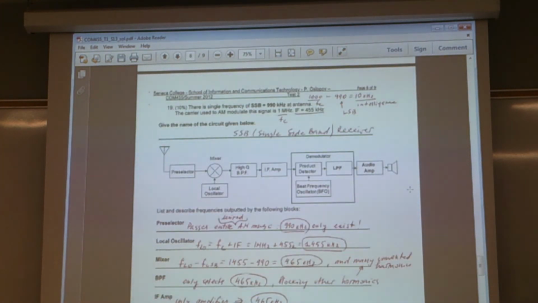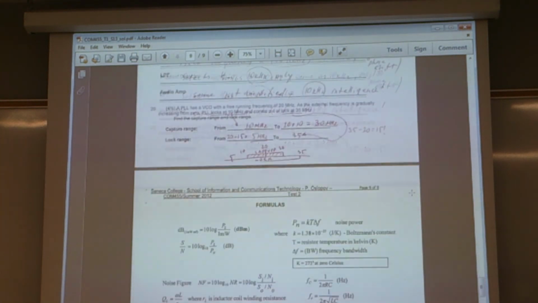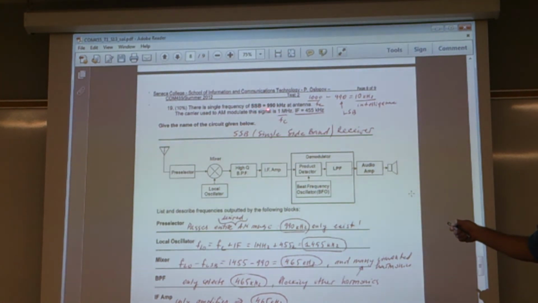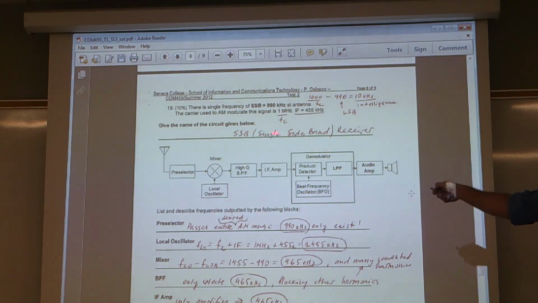Okay, and it's the last question. Again, simple as it can be. There is a single frequency of SSB. Already I'm giving you the answer for the name of the device.